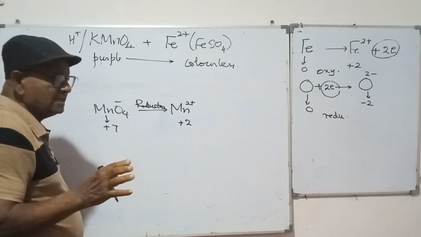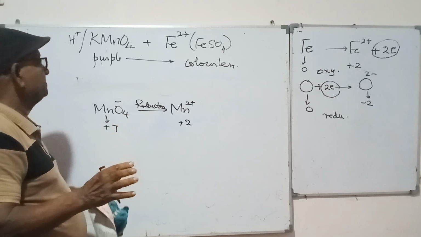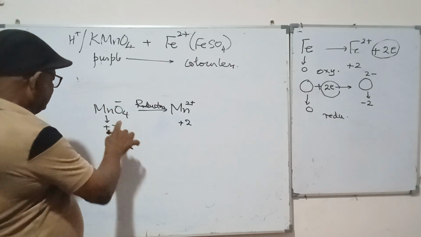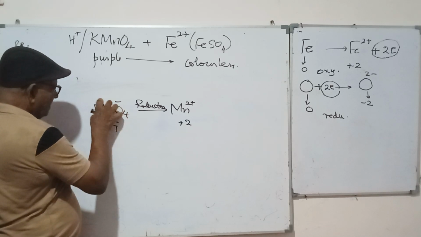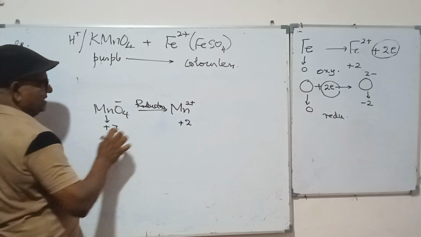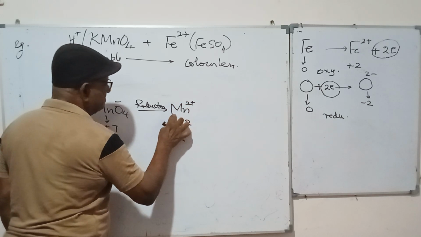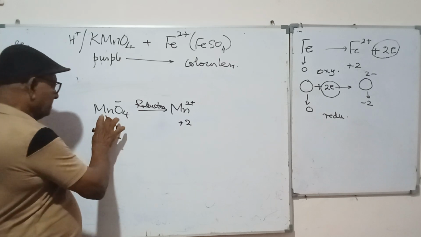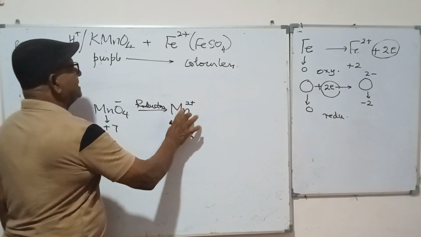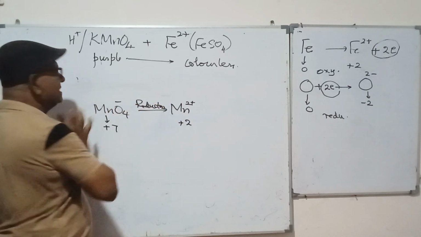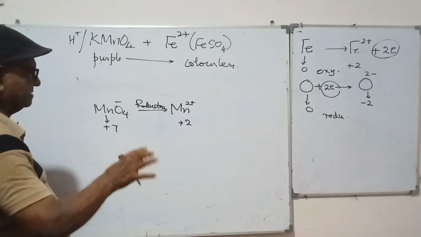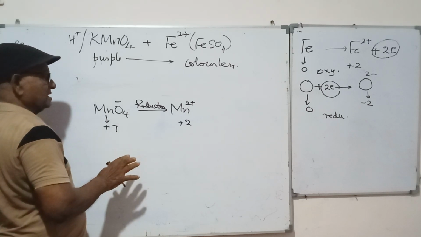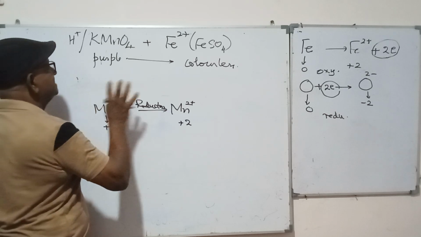Now first of all, we must balance the elements. This side has one Mn atom. Here also one Mn atom. If there is a plus 2 charge, we consider only the elements. Mn 1 atom, here Mn 1 atom. Now Mn is balanced. Don't think about charges. At the first step, you must think about elements only.